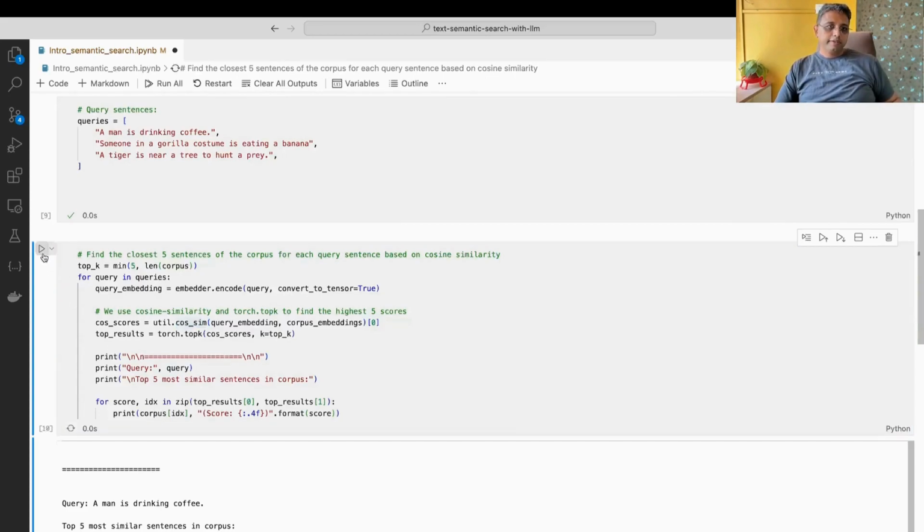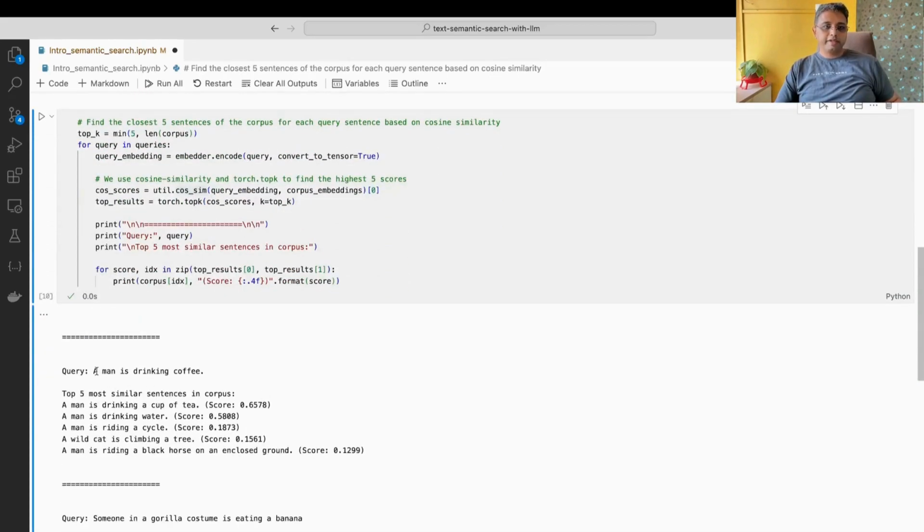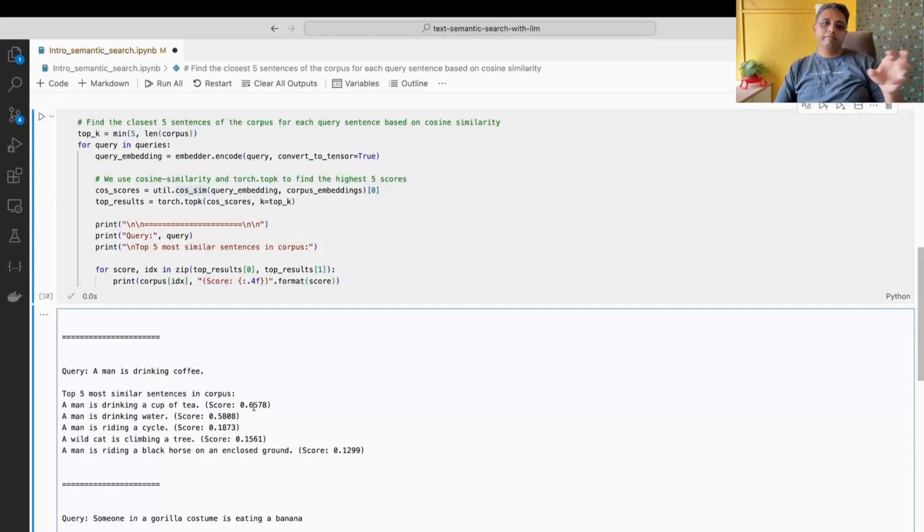So as we run, you would see that for the query a man is drinking coffee, the closest match is a man is drinking a cup of tea. Now a similarity score remains between 0 and 1 here. The highest value is 1, meaning more similar or more close, and 0 means not at all similar. So 0.65 is a bit closer: the coffee sentence, a man is drinking coffee, is getting matched very closely with a man is drinking a cup of tea.